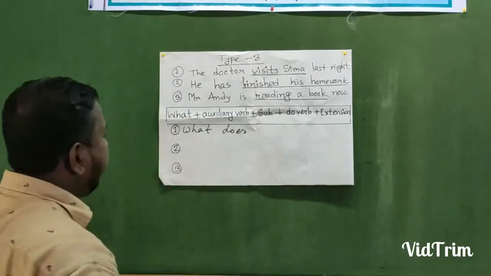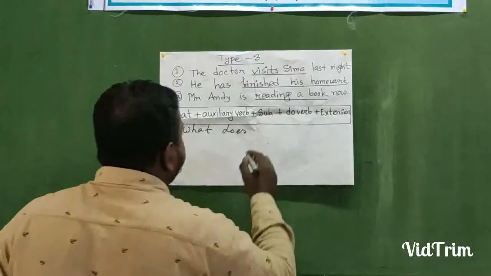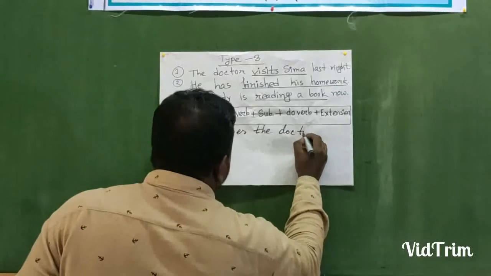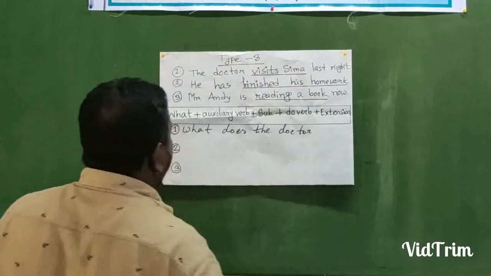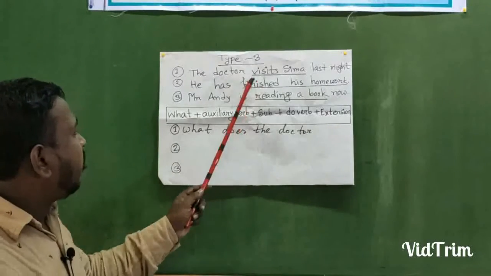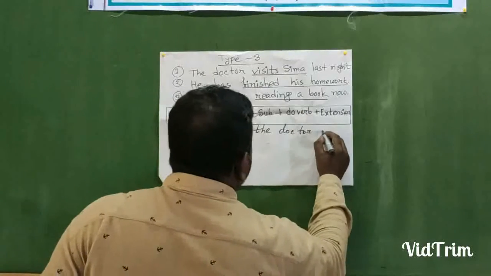What does? Now the term of subject. Here the subject is the doctor. What does the doctor? Now do verb. Do verb means this verb is taken from the main verb, so we have to use just do. What does the doctor do?